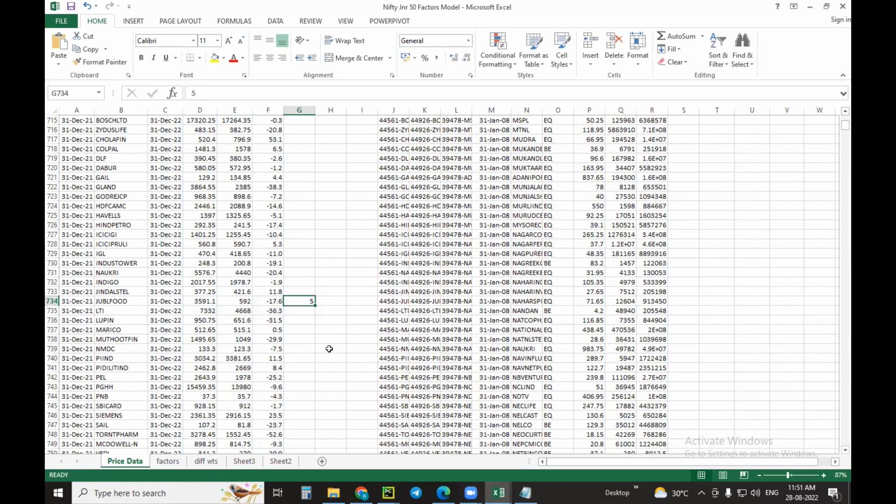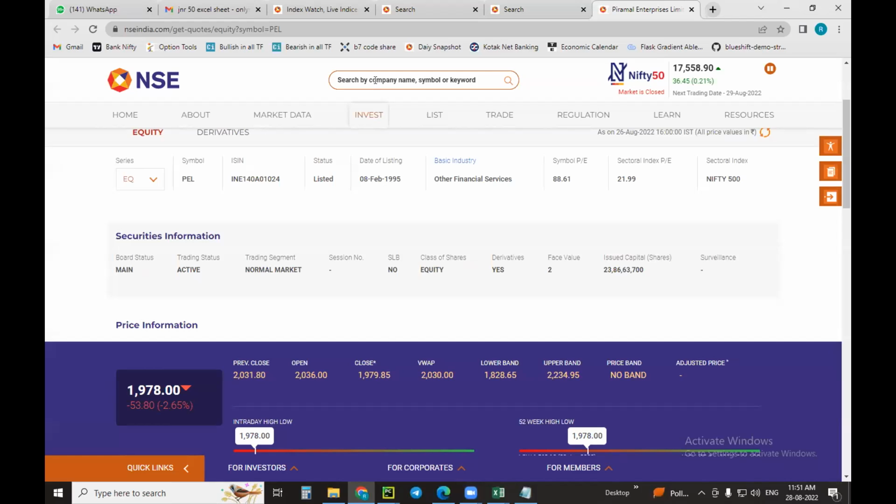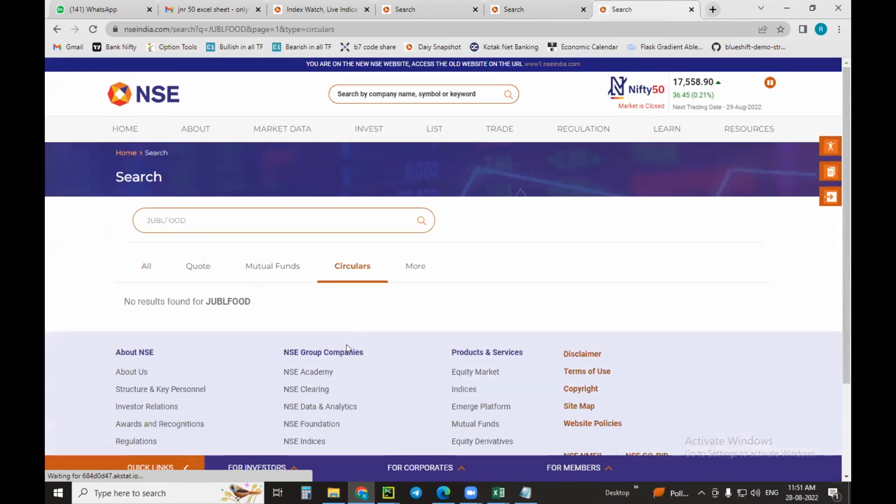Is it correct? 1:5 or 1:4? Should I check it? Yeah. Not circulars, just go back there and put.